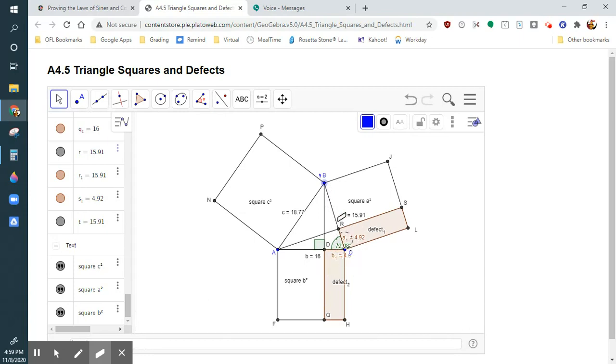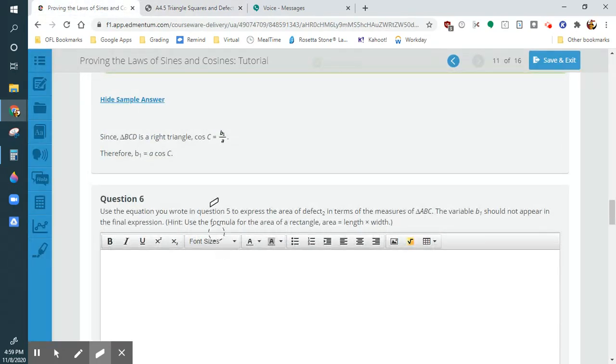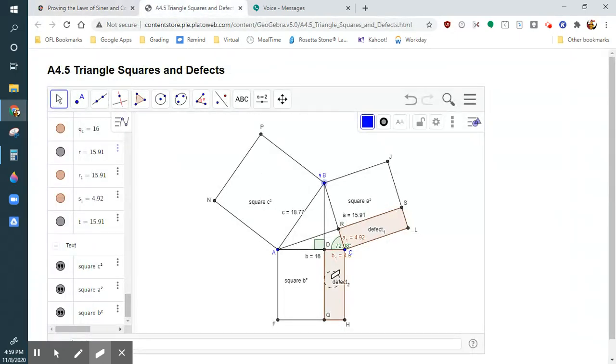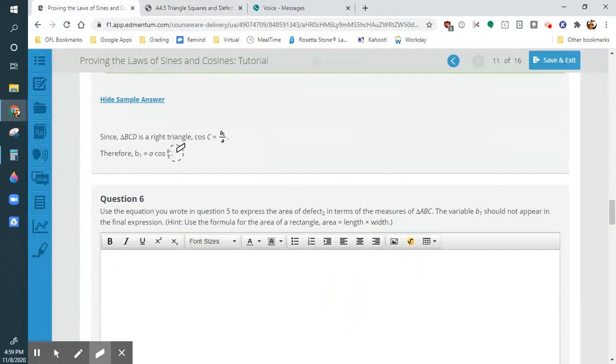I was going to say we're going to talk about side A, but we actually don't have to. That side's really easy to explain. So, in other words, B1 is equal to this.